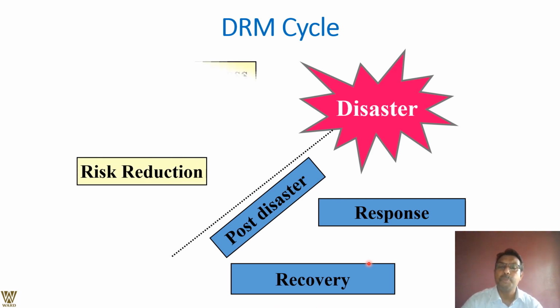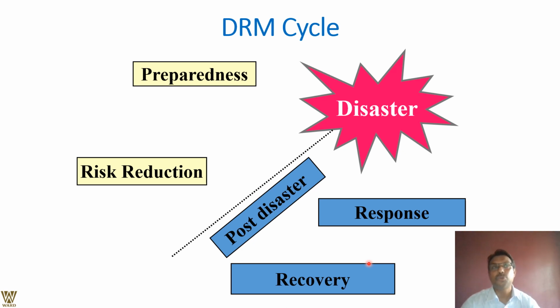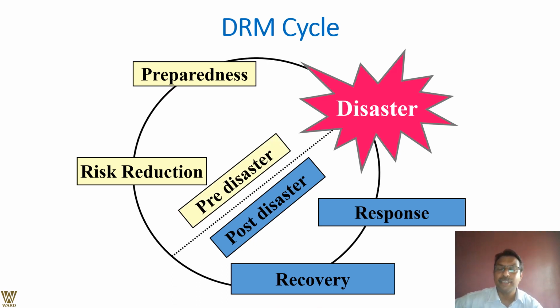But what about pre-disaster? Pre-disaster are the two steps that go around it, all about reducing risk, all about being prepared for any sort of eventualities. Remember, pre-disaster preparedness or risk reduction will automatically contain the calamities, contain the degree of destruction to a minimal level, a level from where you can bounce back.